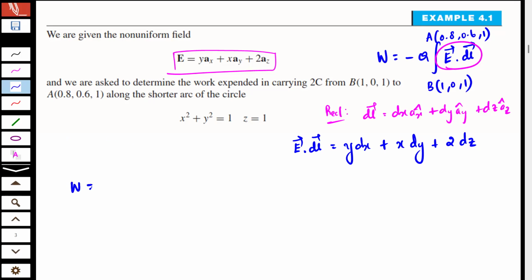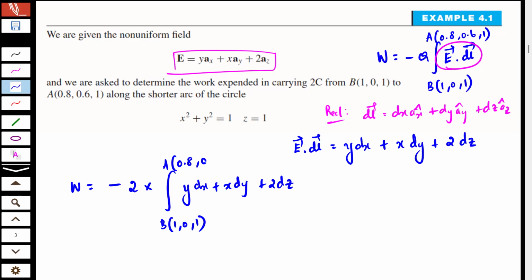So work done is minus charge magnitude 2, and the integration goes like this: y dx plus x dy plus 2 dz, with the limits for x, y and z corresponding to the point B, and the final limits for x, y and z corresponding to point A. Now this integration is with respect to x, this with respect to y and this with respect to z.